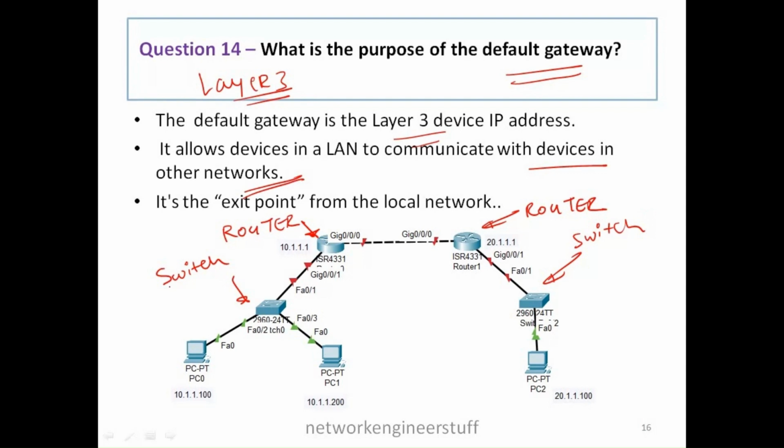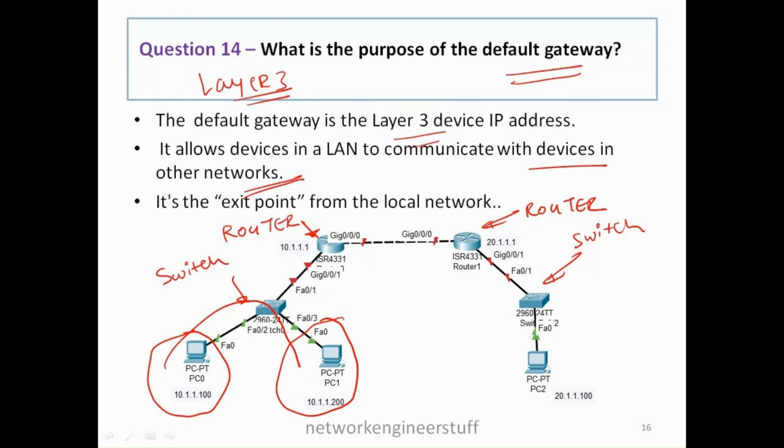Let's say this is a PC, 10.1.1.100, and another, 10.1.1.200. These two PCs are in the same subnet, or the same network. If they want to communicate, they will communicate via the switch.